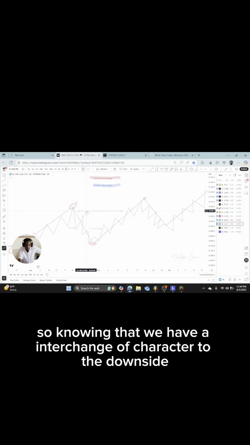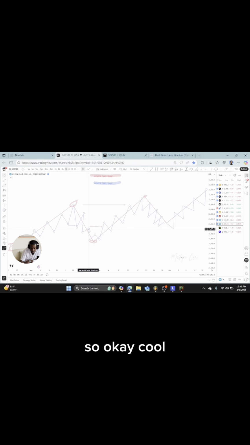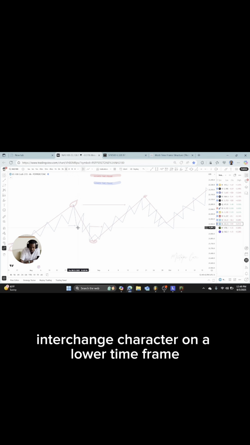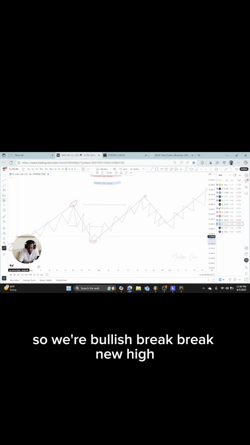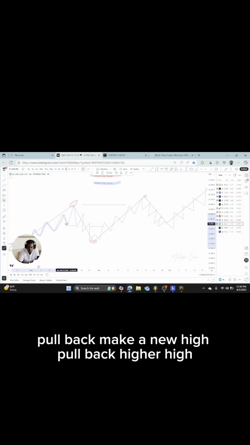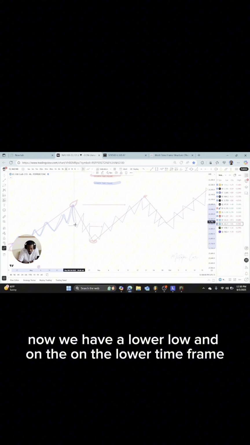So, knowing that, we have an interchange of character to the downside, right? So okay, cool. We're interchanging character on a lower time frame. So we're bullish, break new high, come back, pull back, high, pull back, make a new high, pull back, higher high. Now we have a lower low on the lower time frame.